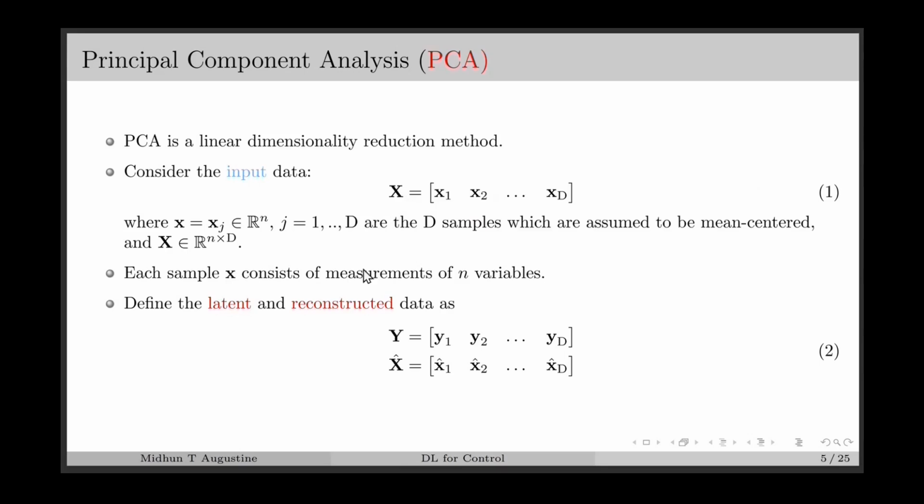We can also define the latent and reconstructed data as in equation 2, where y contains the latent vectors, denoted by y1, y2 till yD, and the x hat matrix contains the reconstructed input vectors.